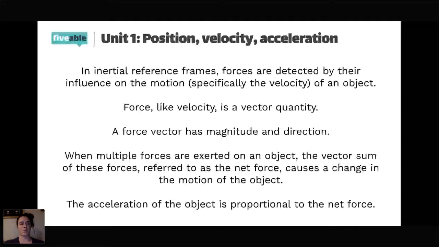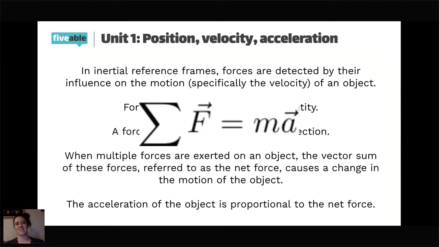And when you have more than one force on the object, if you add up all those forces, you take the vector sum, that's the net force. And that net force causes a change in the motion of the object. And the acceleration of the object is proportional to that net force. So that's just a very long-winded way of saying the sum of the forces equals ma.